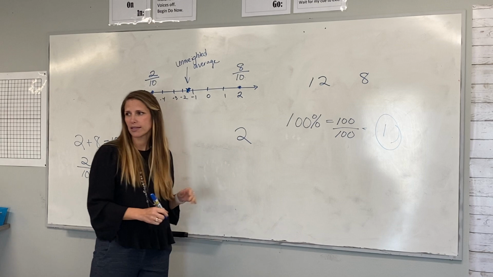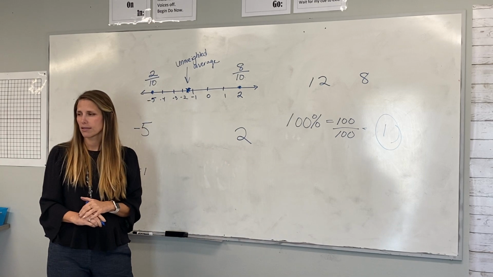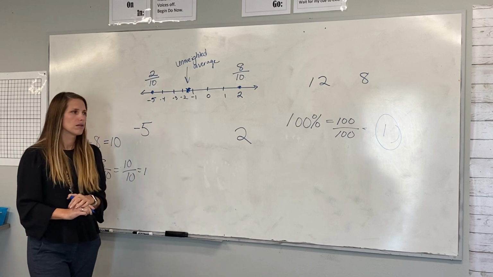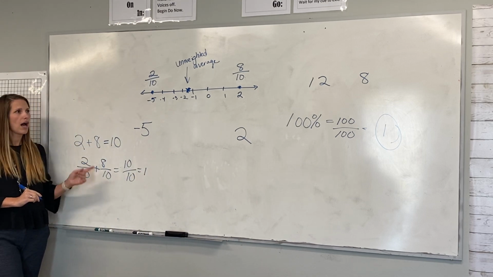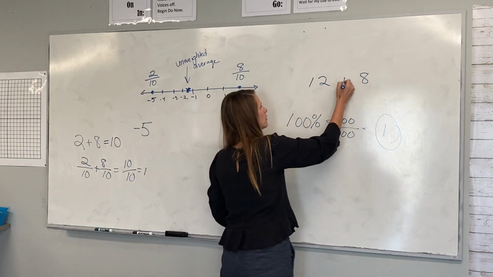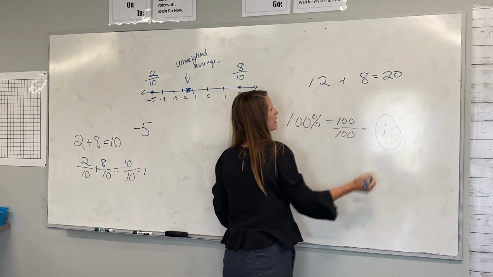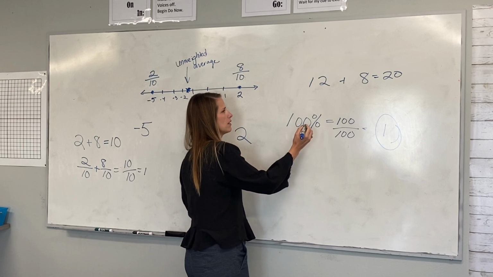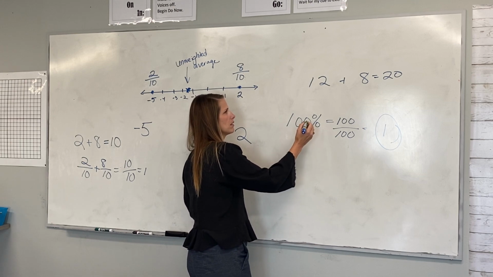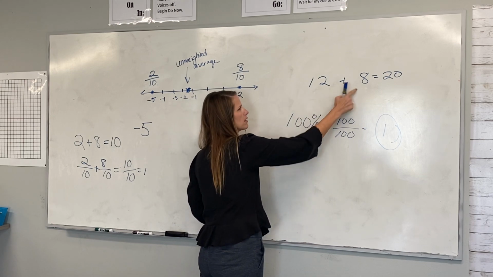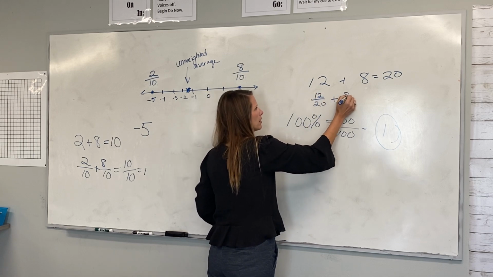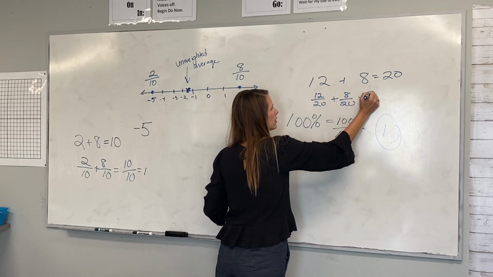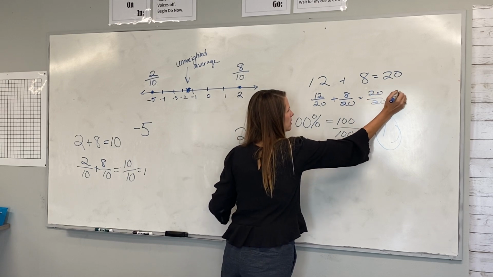How could you write those weights? How did we do it over here? I added them. So how would I write those weights? 20. 12 over 20, 8 over 20, 20 over 20 is the whole thing.